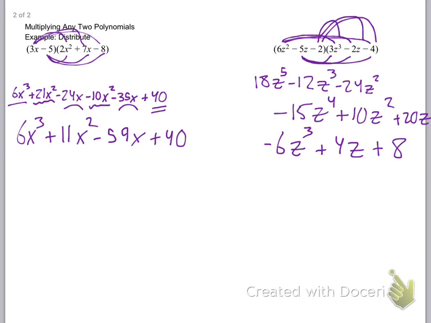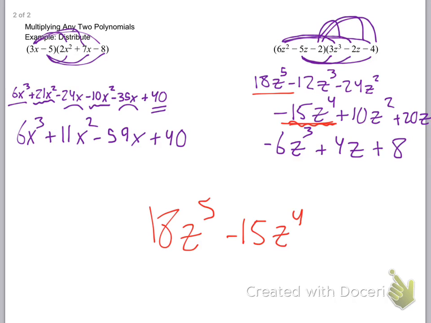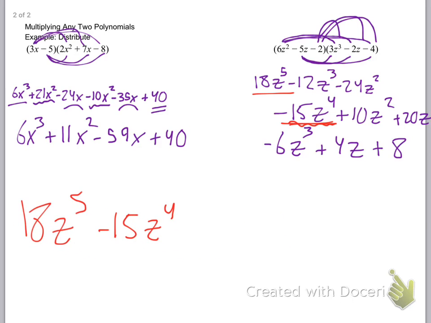You have them. We now try to put as many of them together as you can. What's the highest degree? 5. So 18z to the 5th. Any others? Okay. Next would be 4ths, right? We'll go this way. Any other z to the 4ths? So it's minus 15z to the 4th. Okay, anything else? What's next?